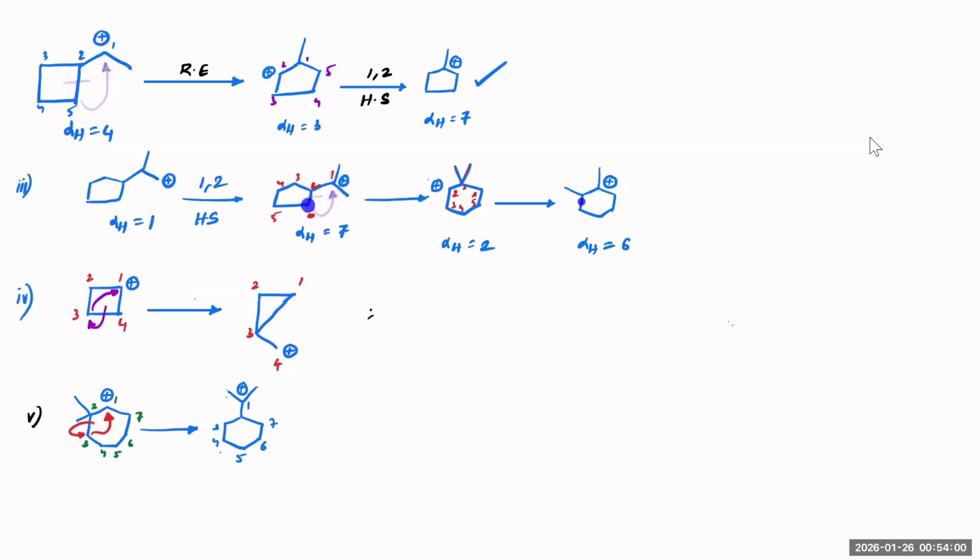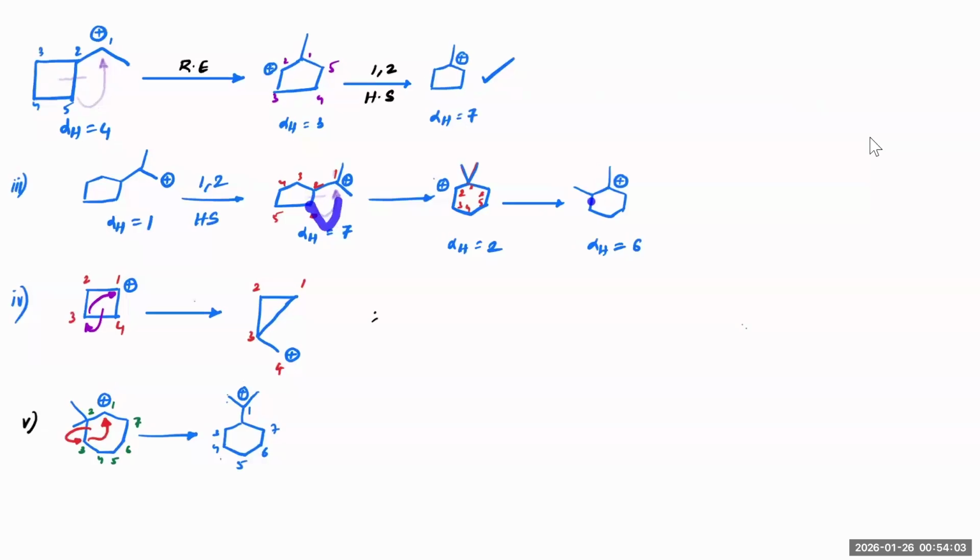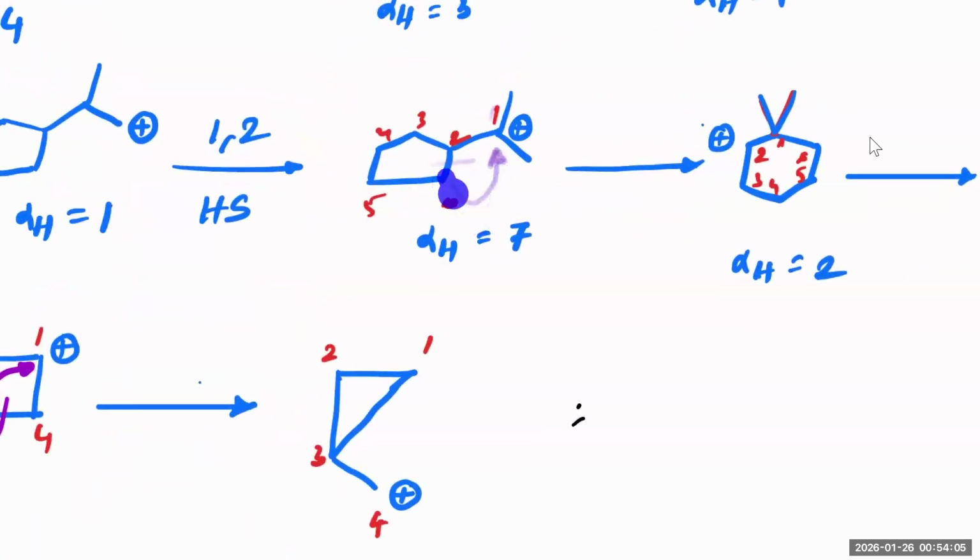From this carbon, you'll get a C minus. That C minus goes and attacks the positive charge. So there is a bond formation between these two. And if this carbon becomes C minus, this second carbon will become C plus. You can see this carbon will become C plus now.